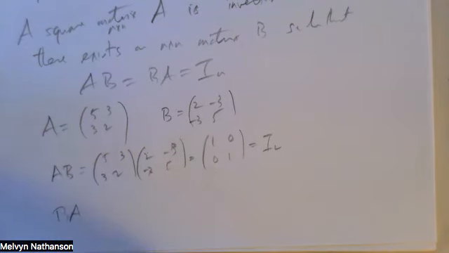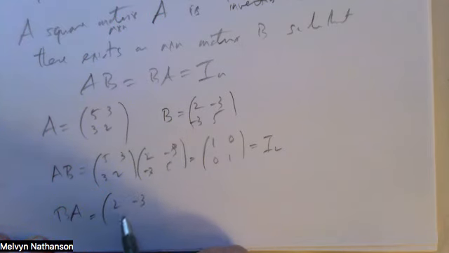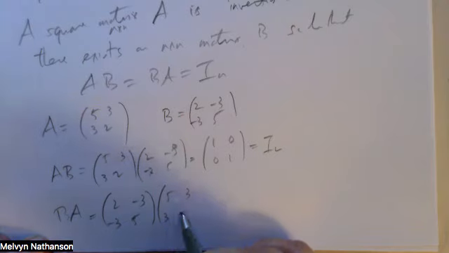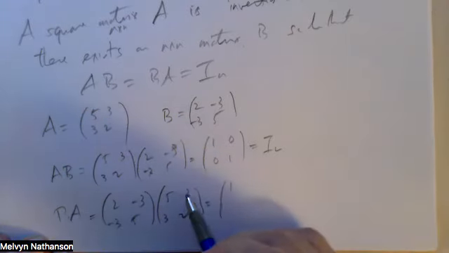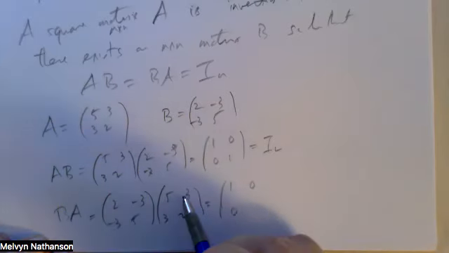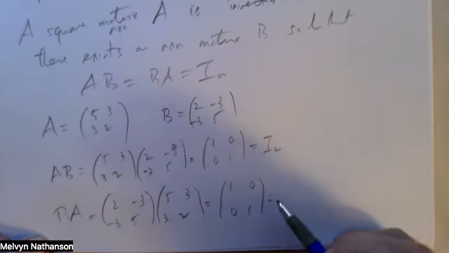If I multiply in the opposite order, 2, minus 3, minus 3, 5 times 5, 3, 3, 2, this is 10 minus 9 is 1, 6 minus 6, minus 15 plus 15, minus 9 plus 10 is 1.